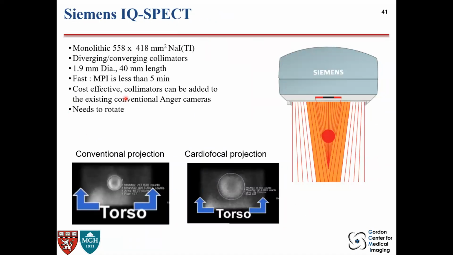And Siemens IQ SPECT is the same as a dual head gamma camera, but using a converging collimator. They call it Cardio Focus, just to focus on the heart region to provide better images. You see, that's the same sodium iodide slab, and the collimator, this part, is really converging and zooming in on the heart region.